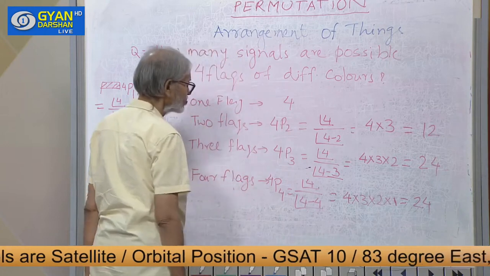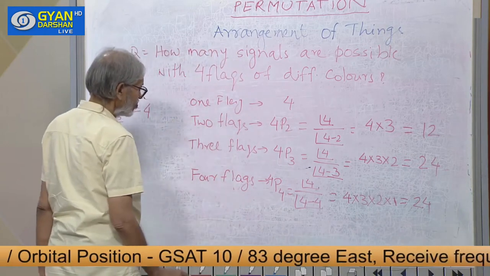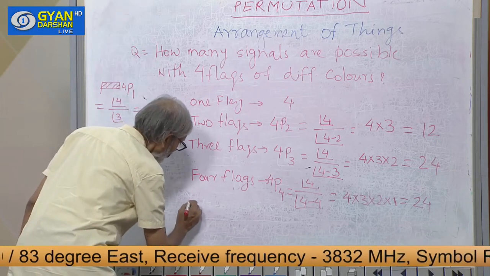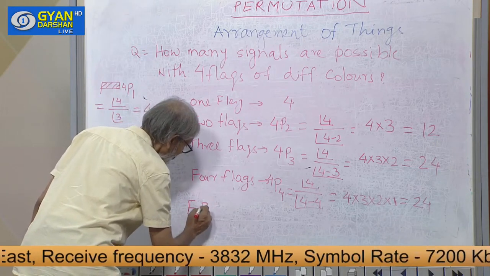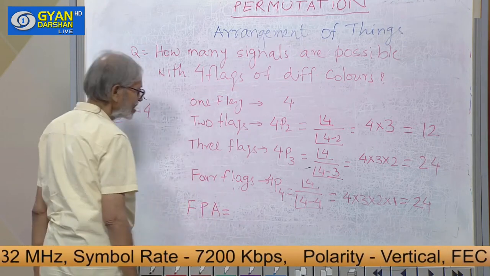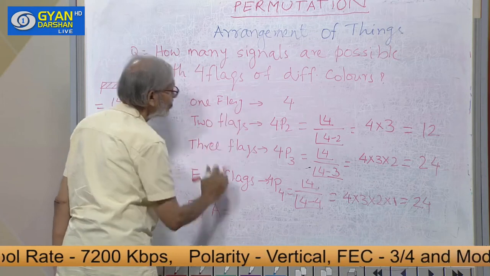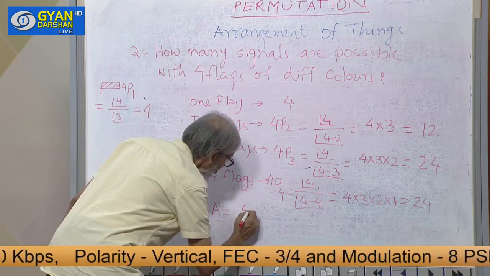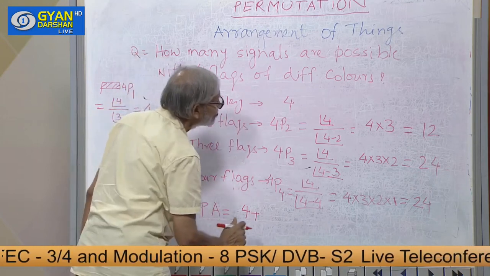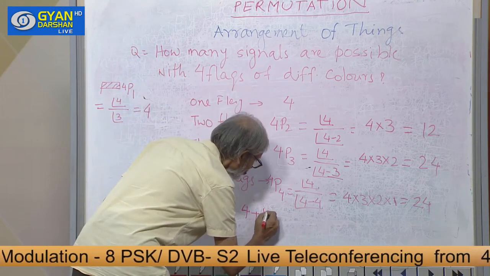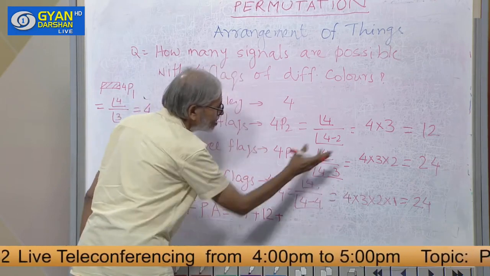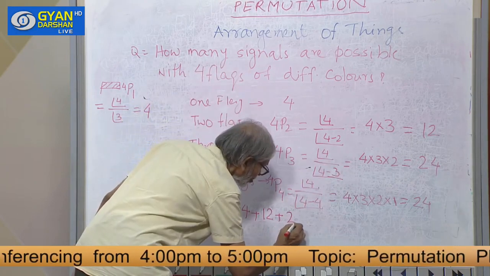So with the fundamental principle of addition, FPA, you can make signals with 1 flag, which is equal to 4. You can make signals with 2 flags, which is equal to 12. Signals with 3 flags, which is equal to 24. And signals with 4 flags, which will also be equal to 24.